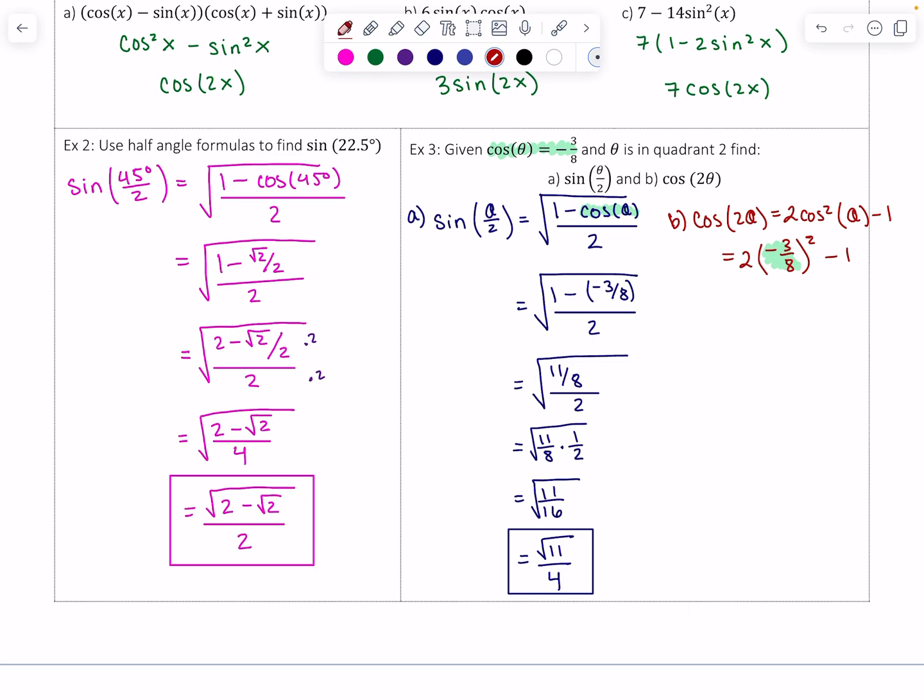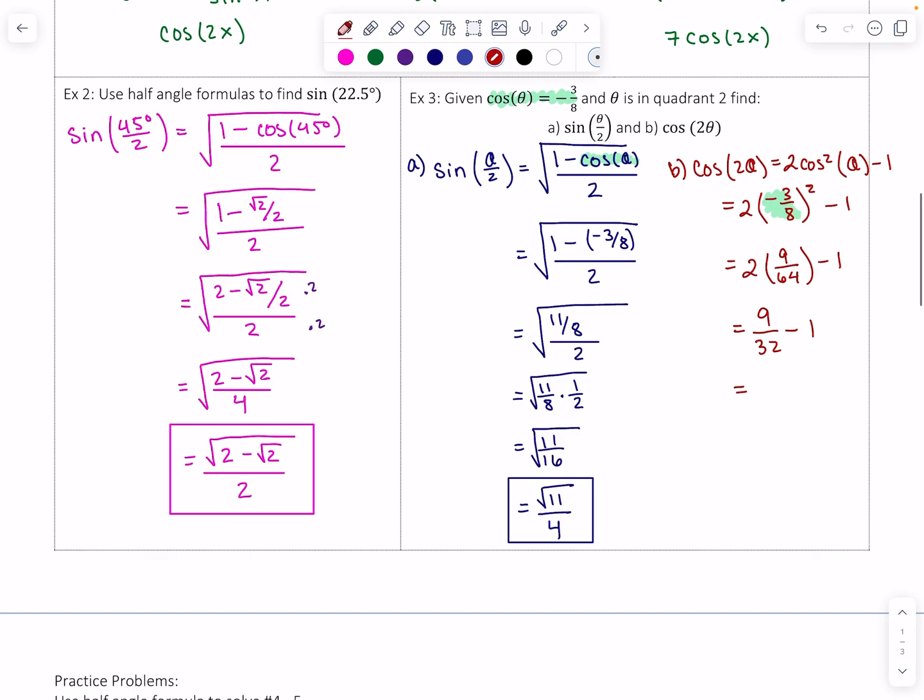All right, so we are going to square that. So we have 2 times 9 over 64 minus 1, which is equal to 9 over 32 minus 1, which if we want to show our work here with our improper fraction and turning this 1 into a 32 over 32, 9 minus 32 is negative 23 over 32.